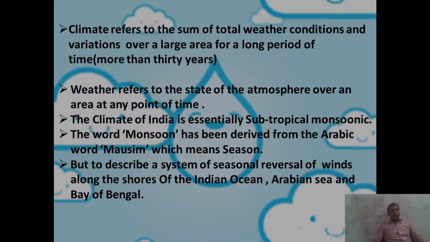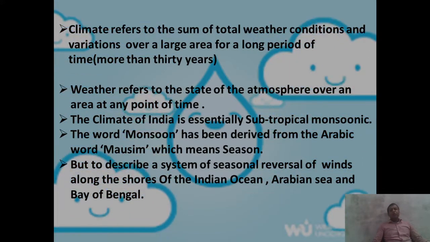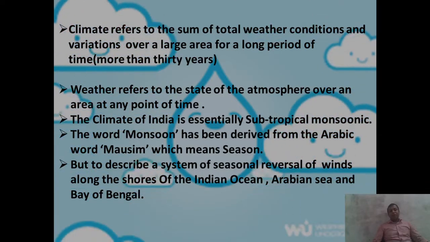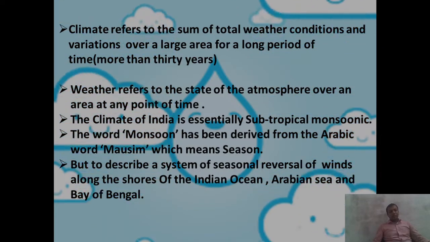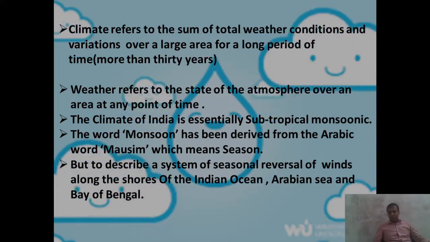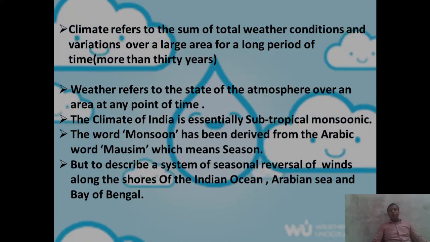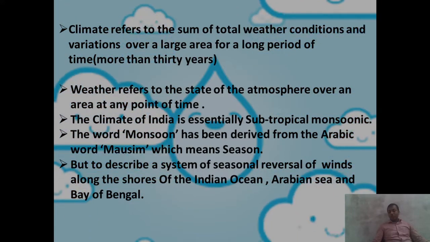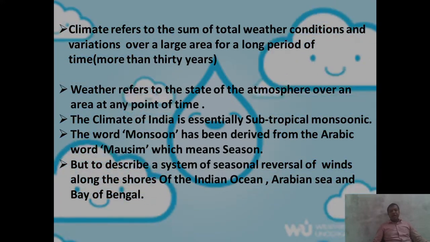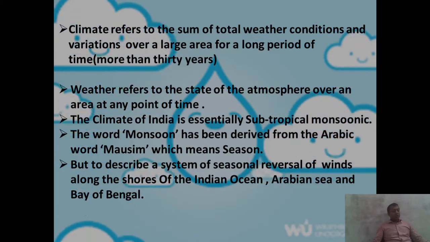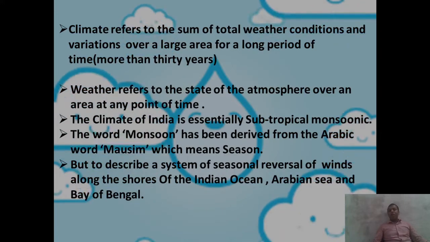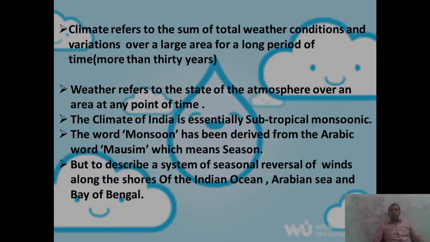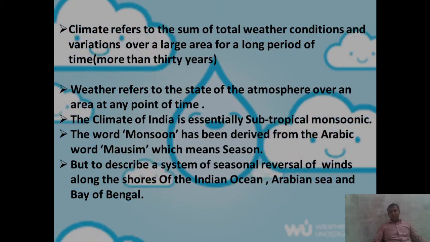So you might have heard this term monsoon. Do you know what is the meaning of this? If you derive this word, it is derived from the Arabic word mausim.